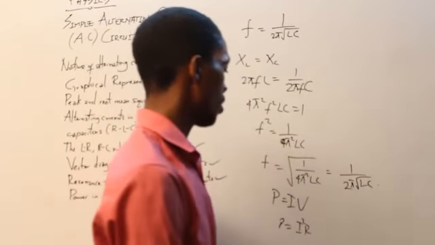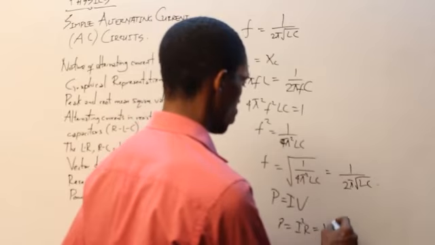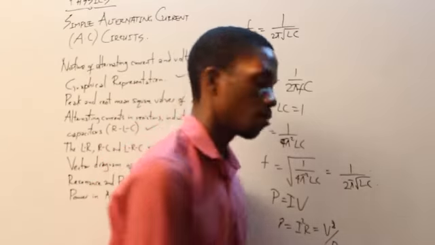You can use I squared R, you can also use V squared divided by R.